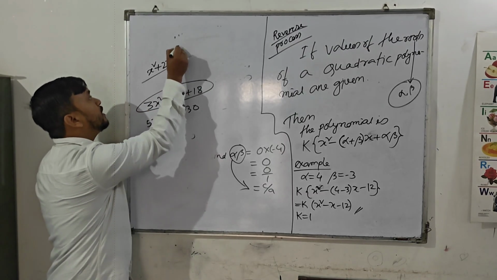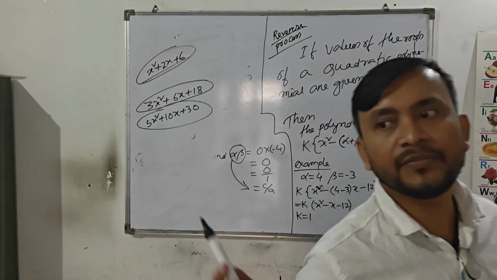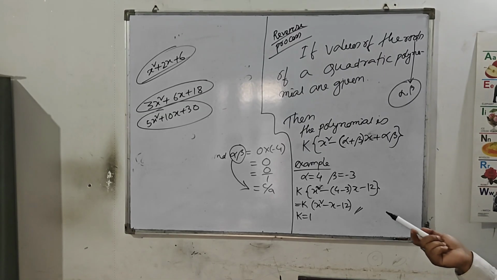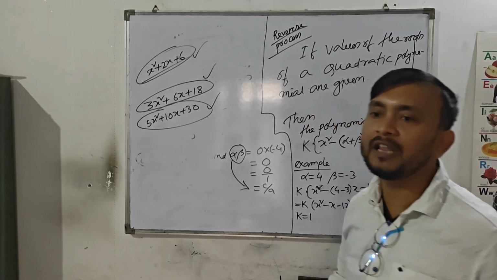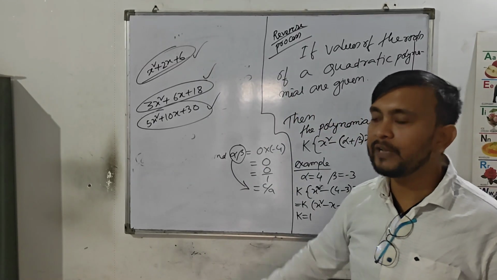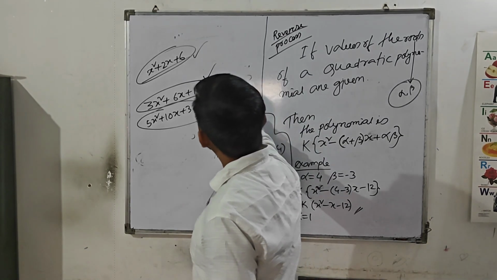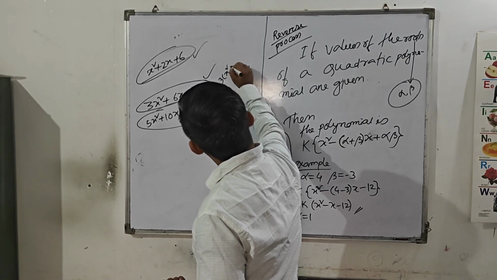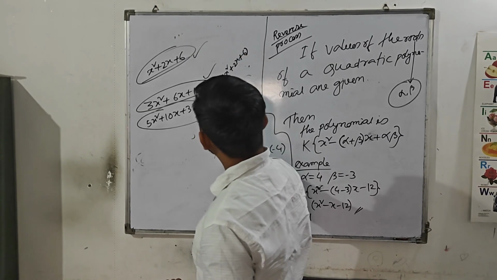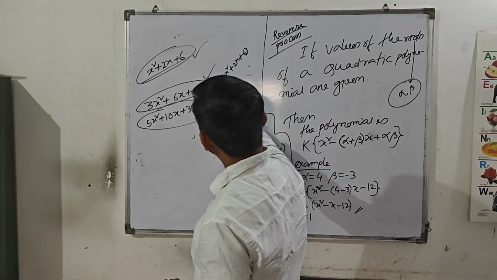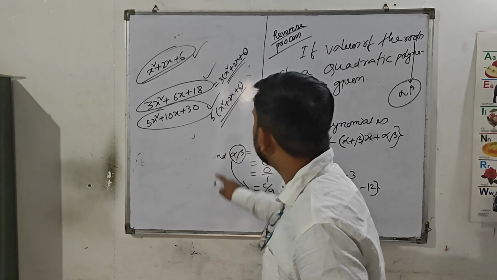See, this one, this one, this one. All of them look different. But if you try to get the roots of these polynomials, shockingly you will get the same answer. Same roots. These are equivalent polynomials. You can take a 3 common from it. It will convert to the actual polynomial. You can take a 5 common from it. It will look like the original polynomial. This is our k.